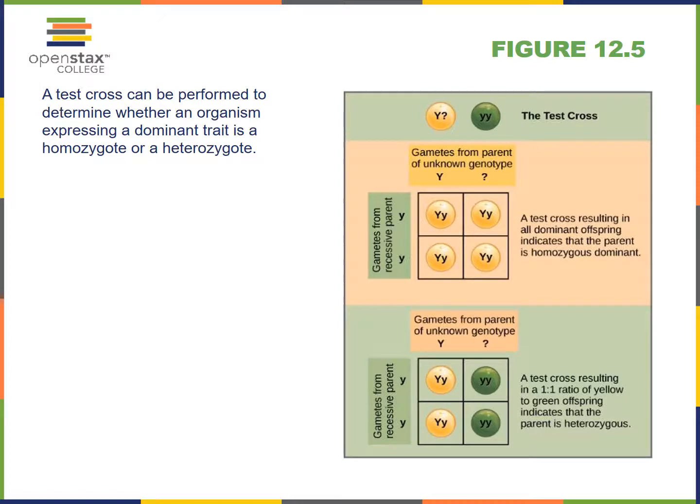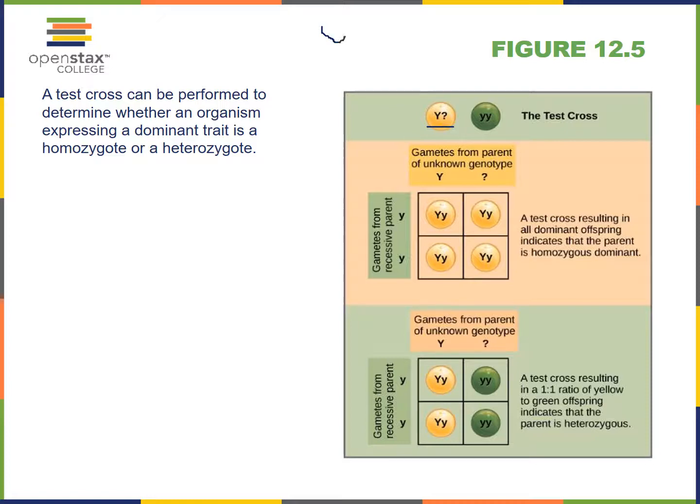So when he had plants that were making yellow seeds, he wasn't completely sure whether that plant was a homozygous or a heterozygous.